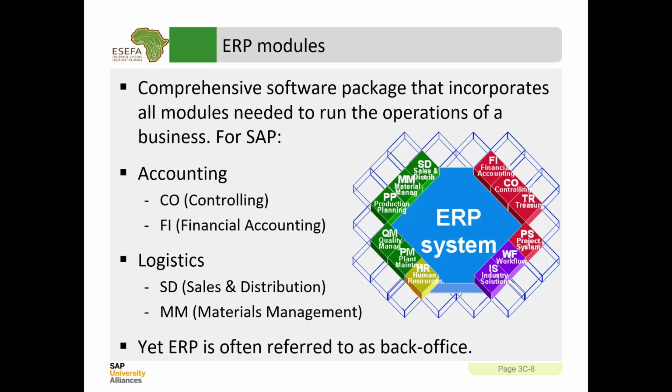Yet ERP is often referred to as a back office. So what do we mean by that? What happens in production is captured on the SAP. There is a lot of reporting, and a lot of transactions that go into the SAP that capture what is actually taking place on the factory floor, for example, or what is taking place in your business.